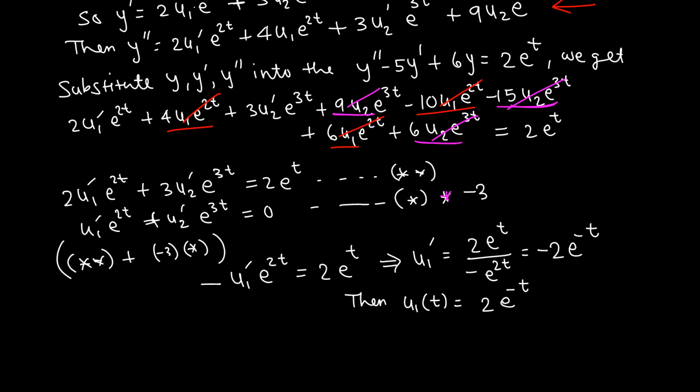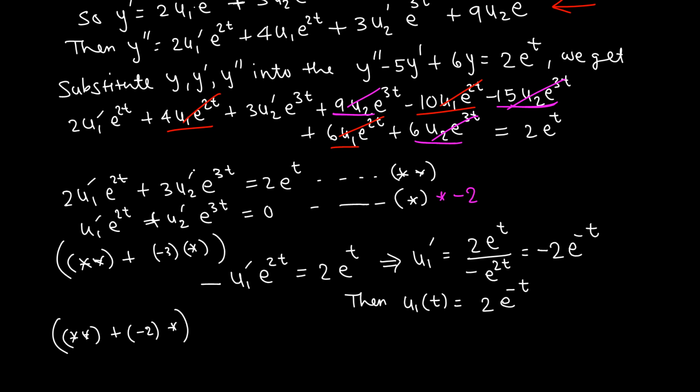Now we do the same type of thing, and try to cancel first terms. Okay, so here is 2 u1 prime. We have u1 prime, so let's multiply star by -2 and combine. So basically we are doing now second equation, plus we multiply star by -2 and add. When we do this, then we're gonna get first terms cancelled.